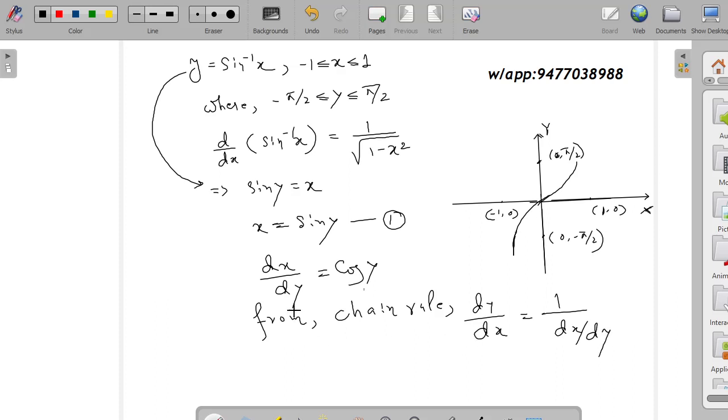Okay, so therefore we could write this as dy/dx equals 1 over cos y.